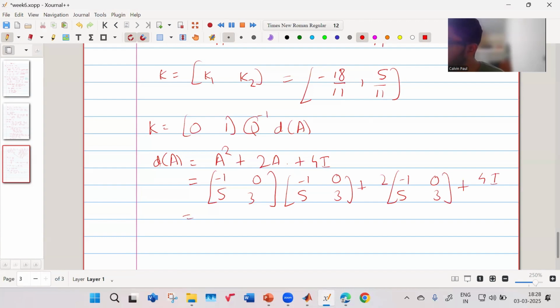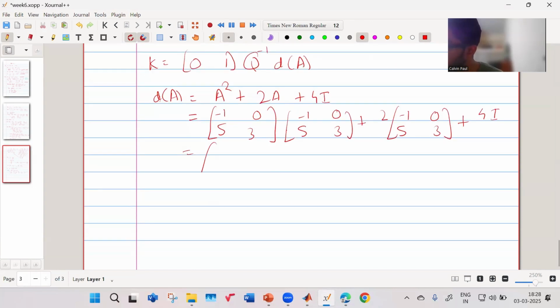So this will be minus 1 into minus 1, 1, plus 0 into 5, so it is actually 1. Minus 1 into 0 is 0, 0 into 3 is 0, so it is 0. 5 into minus 1 is minus 5, plus 3 into 5 is 15, so it is 10. 5 into 0 is 0, 3 into 3 is 9.